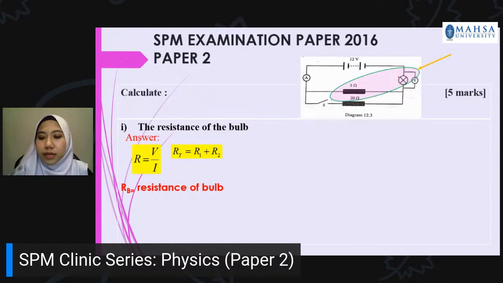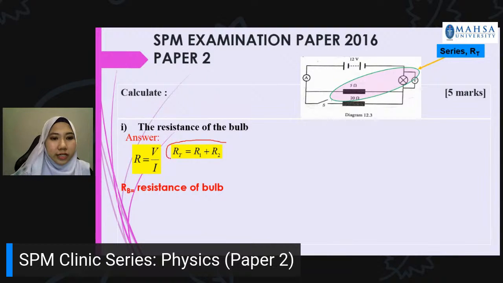With the bulb, the connection is a series connection. Next you need to come up with the formula for the series connection. This is the general formula to calculate the effective resistance, or the total resistance, when you have R1 and R2 connected in series.